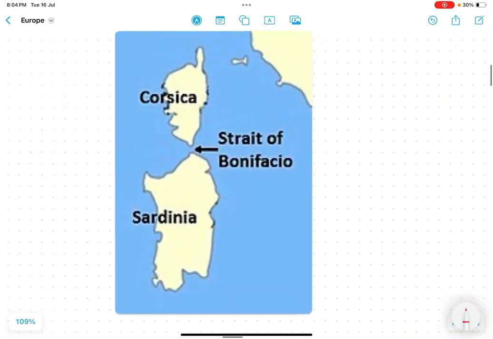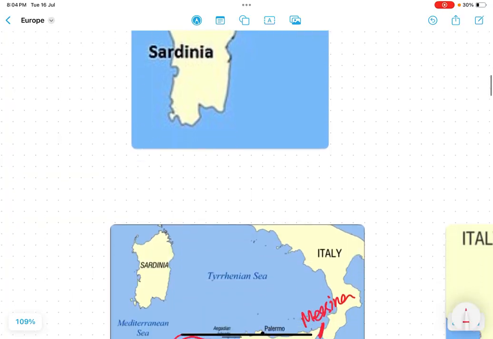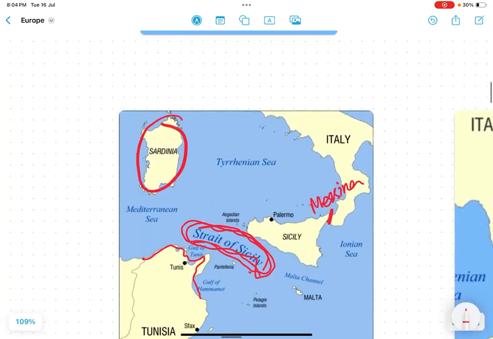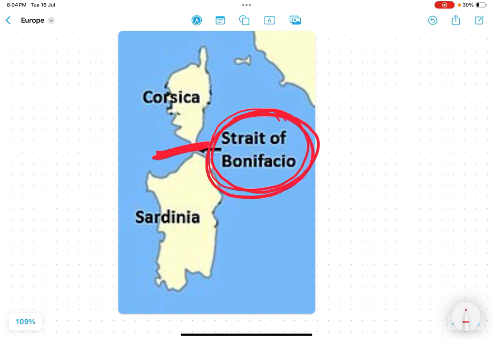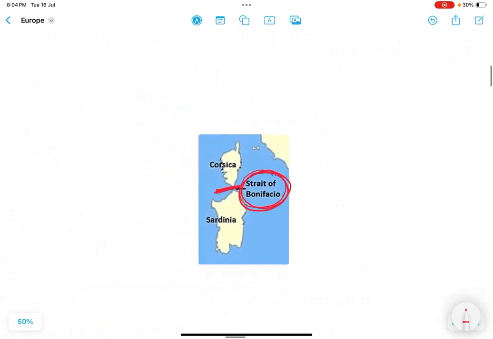Right? Then we have studied Corsica and Sardinia. Right here we have Sardinia and Corsica somewhere here. The strait between Corsica and Sardinia is the Strait of Bonifacio.